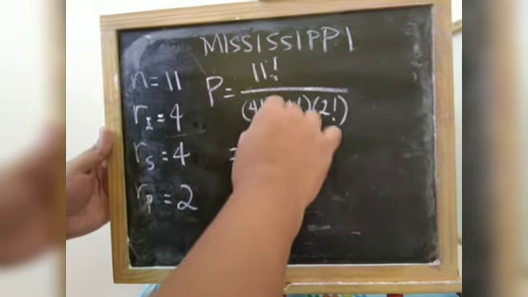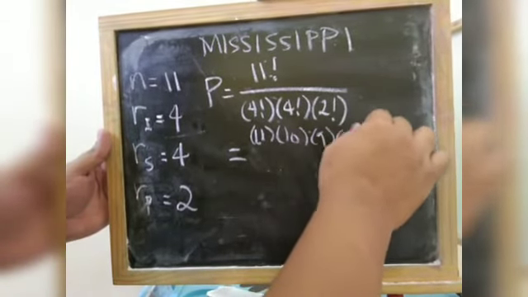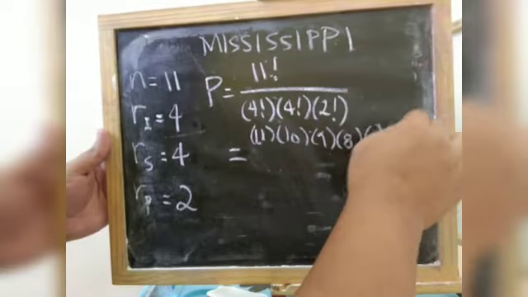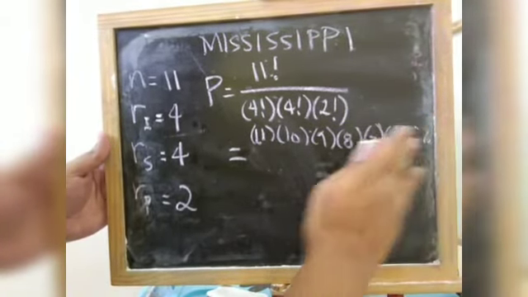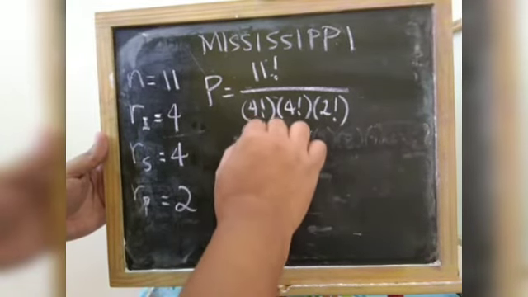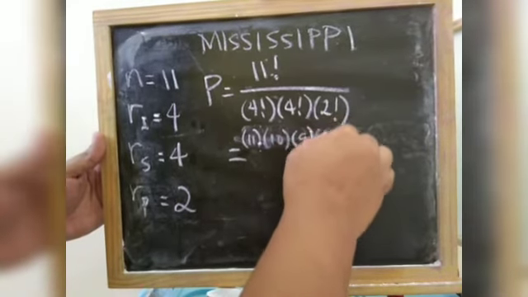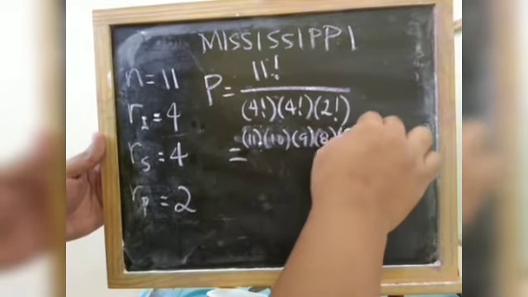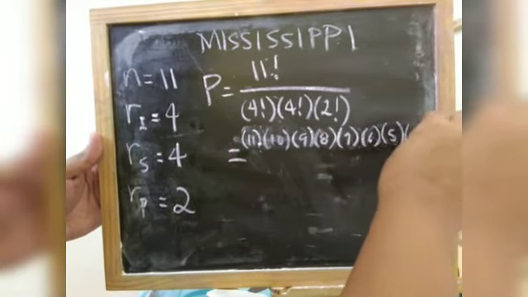So, 11, 10, 9, 8, 7, times 6, times 5, times 4 factorial. Medyo iksian lang natin kasi medyo limitado yung space natin. So, 11, 10, 9, 8, 7, 6, 5, times 4 factorial na lang.